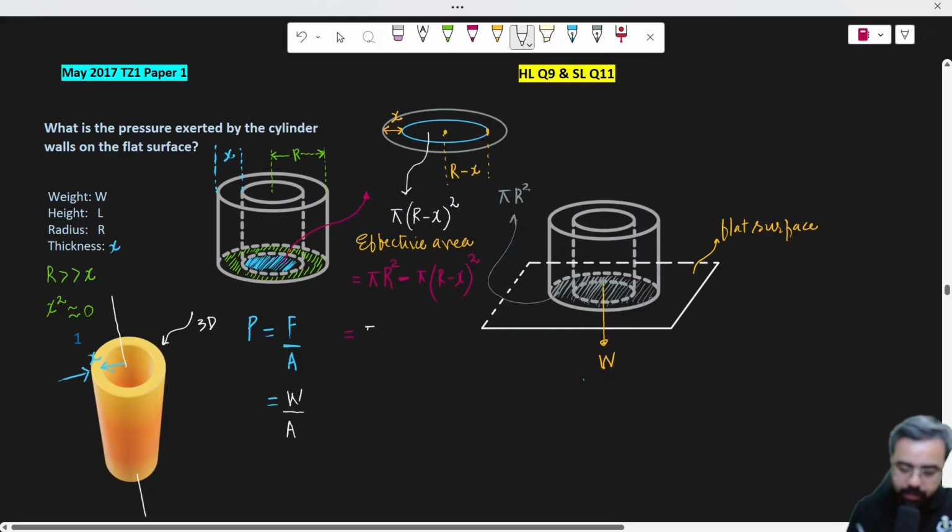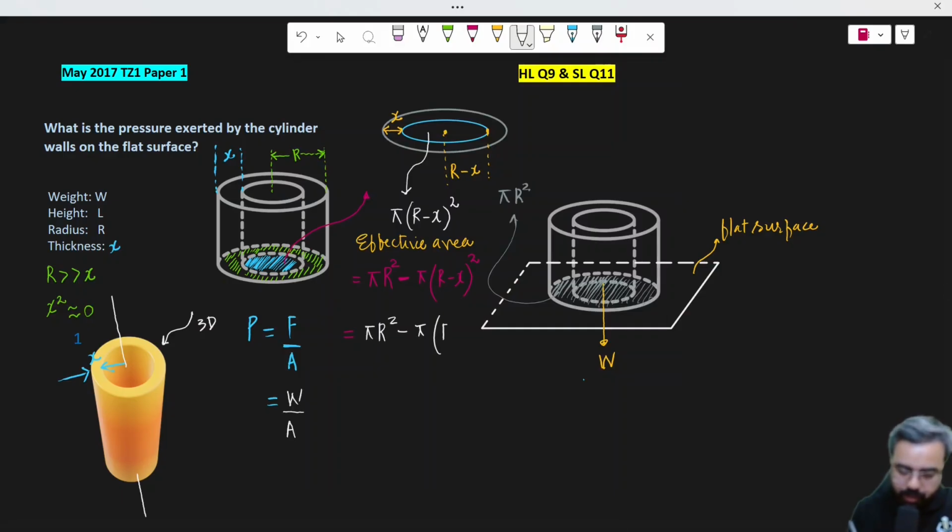So it is pi r square minus pi into r square plus x square minus 2rx, right? If you open the brackets, it is pi r square minus pi r square minus pi x square plus 2 pi r x.